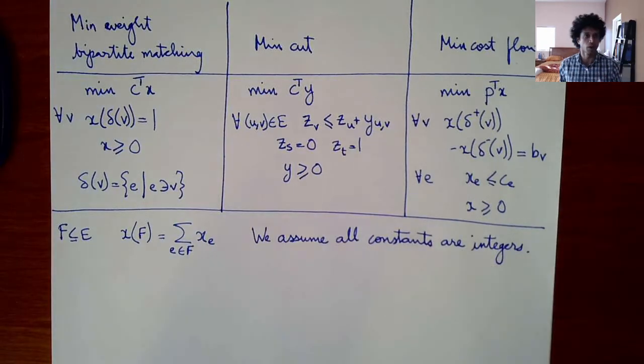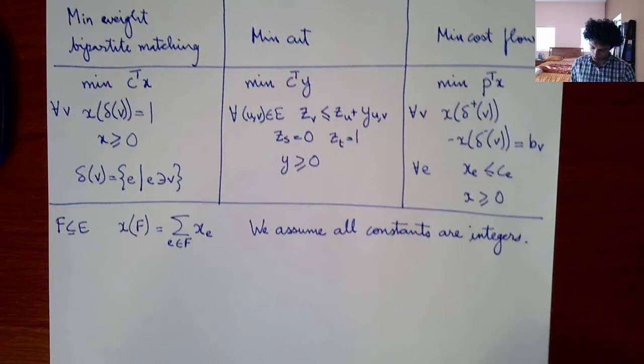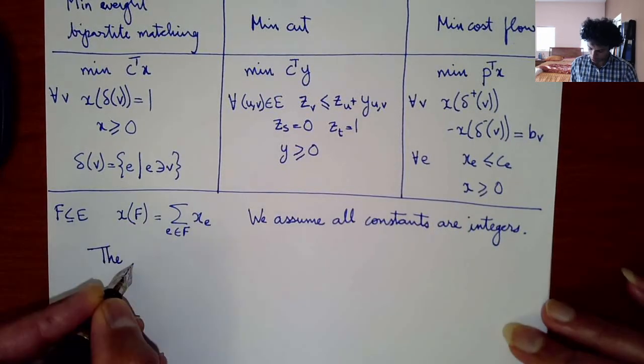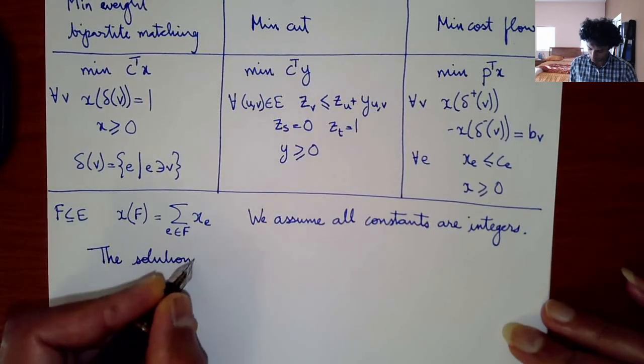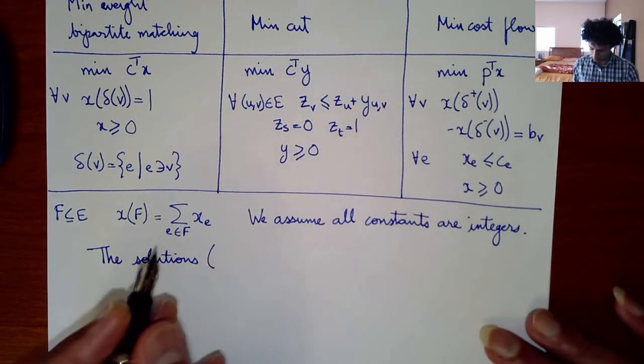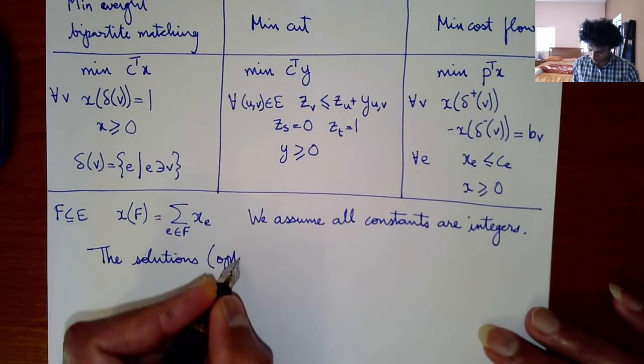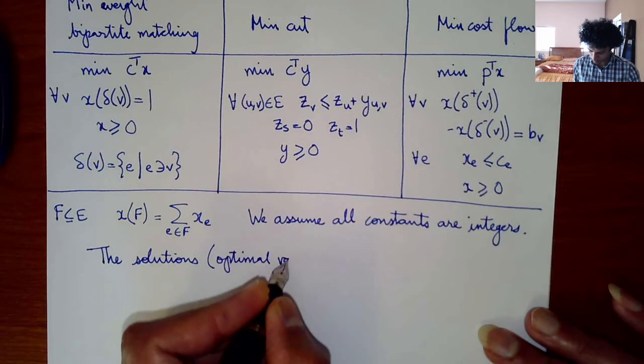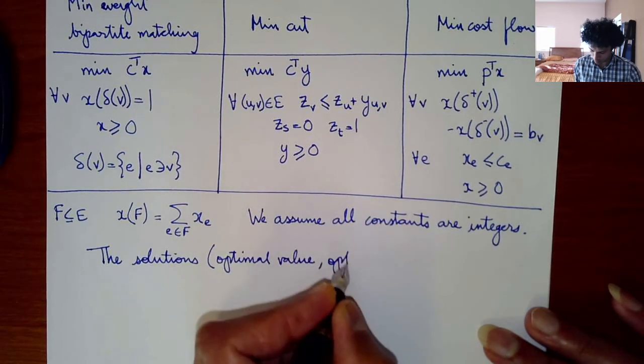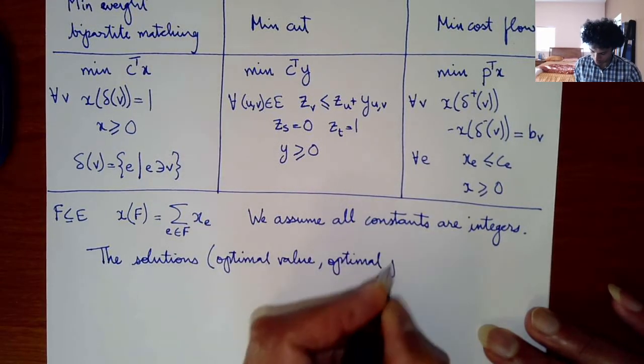That's the default assumption that we have. Assuming that all constants are integers, the solutions, which is essentially two things, the optimal value and also the optimal point, are integral.